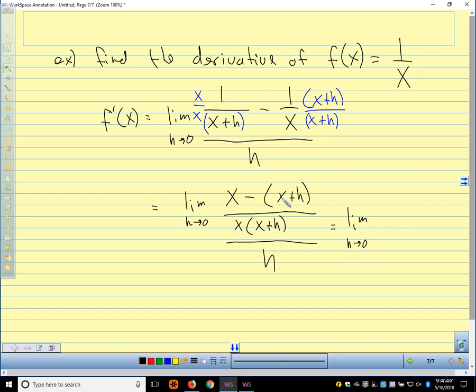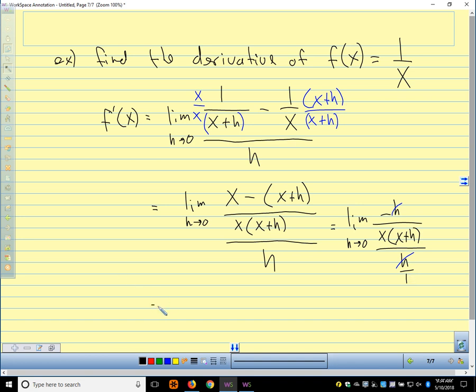We get an x minus x and a minus h. We get a minus h over x times x plus h over h. Well, the h in the numerator cancels with the h in the denominator. And if you don't see that, you could think of this as h over 1. And we're multiplying by the reciprocal, so those h's cancel.